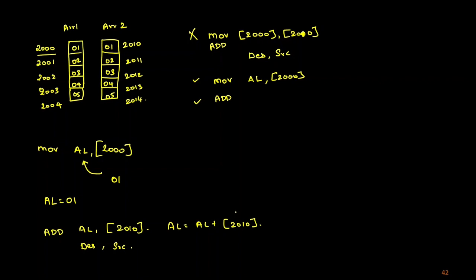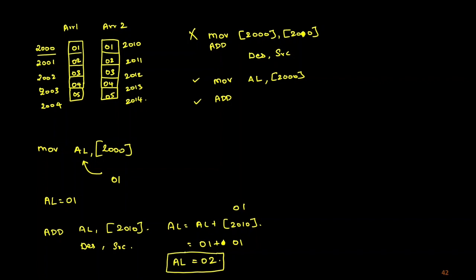Here the element present is also 01, and AL also has 01. So 01 plus 01 gives 02, and the value is stored inside your AL. Like this I can add those elements and keep the result in AL. After that I can move it to any specific location which I want.